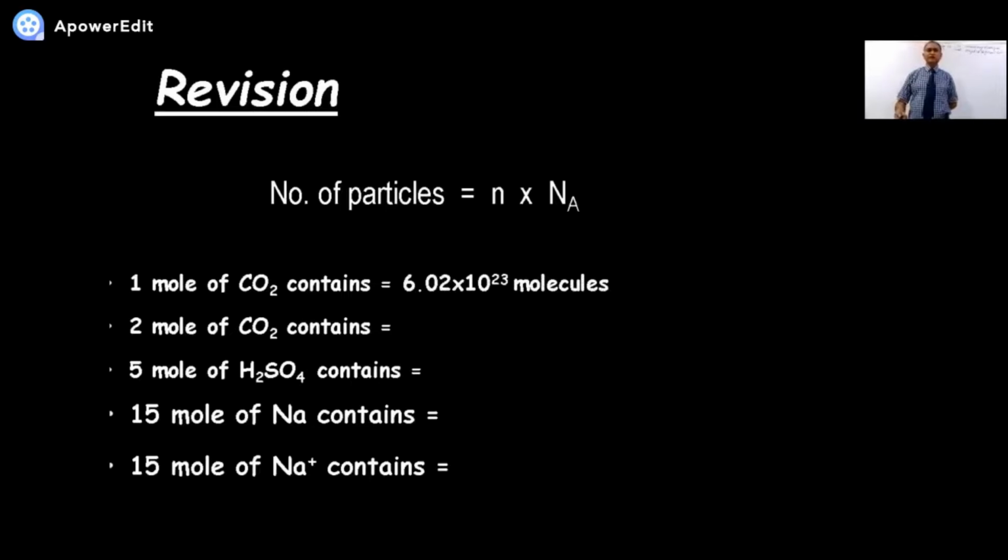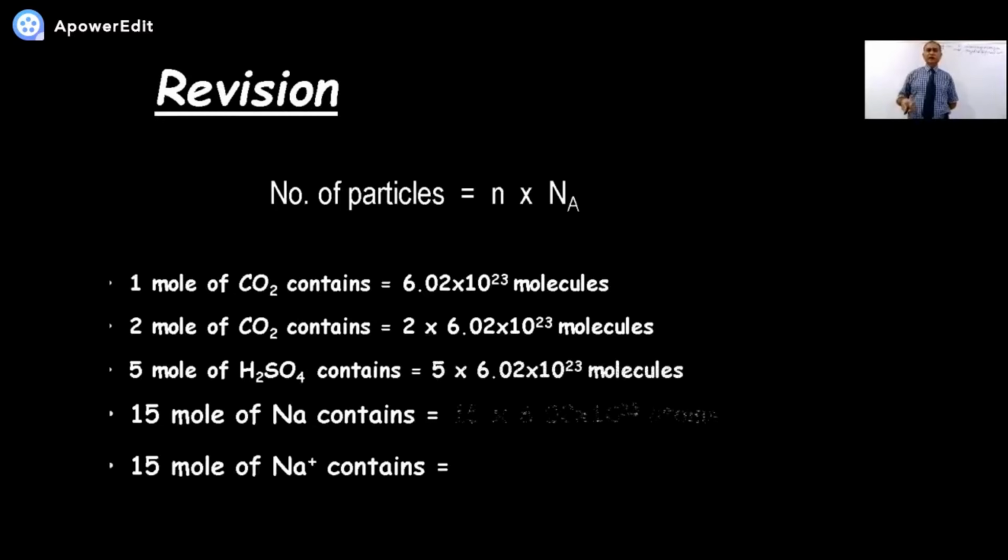If we have 2 moles, then we will multiply this number by 2. If we have 5 moles of sulfuric acid, then how many molecules does it contain? We multiply 6.02 into 10 to the power 23 by 5, and by 15 in the next example.